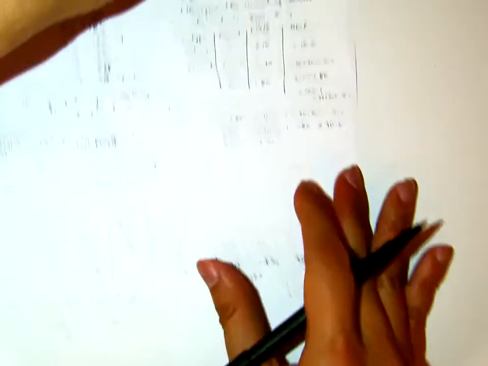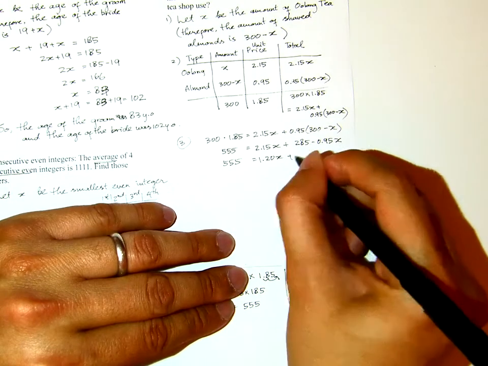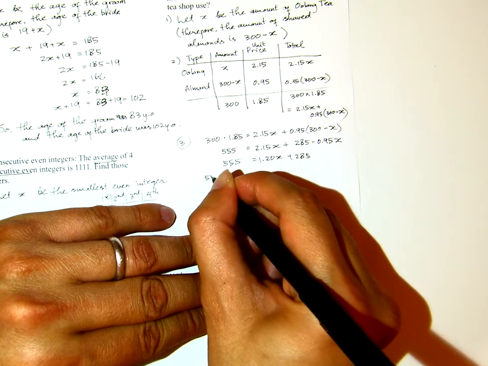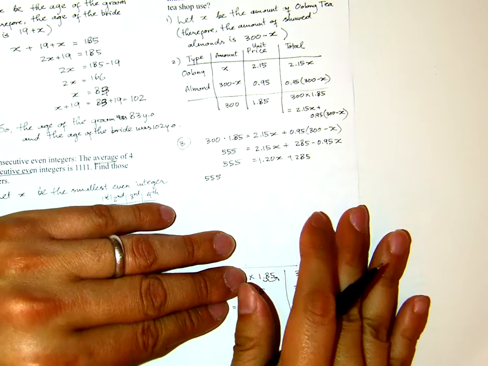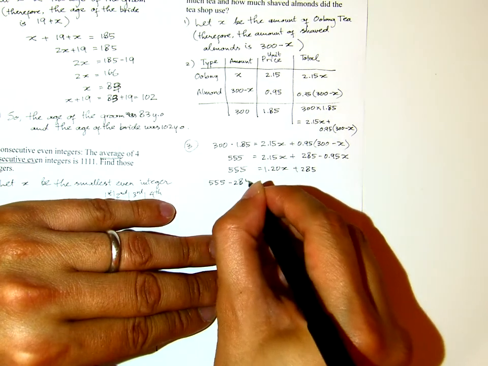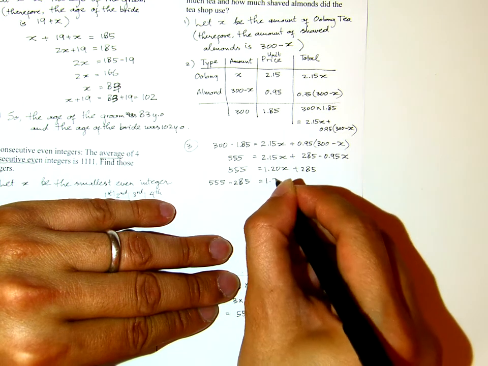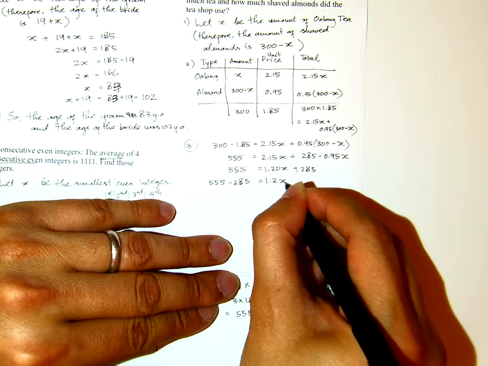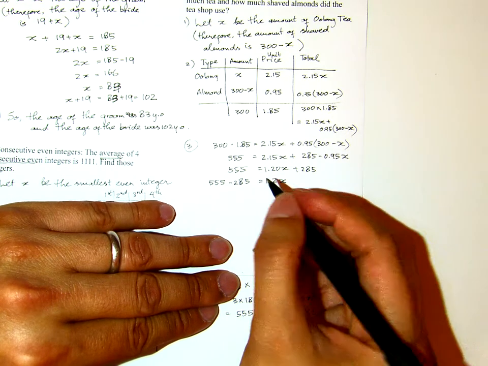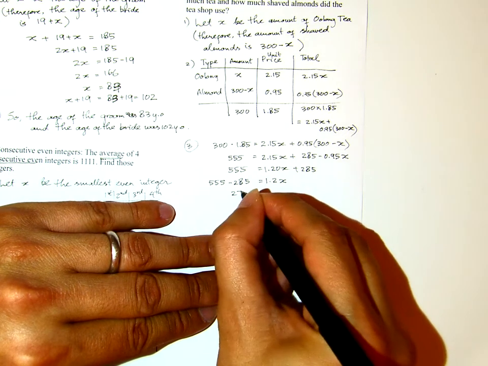Okay, then plus 285. Now if I subtract the other side by 285, this equals 1.2x. If I subtract, what do I get? 270.